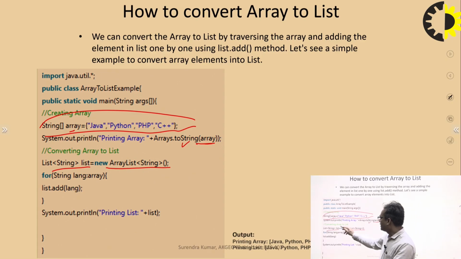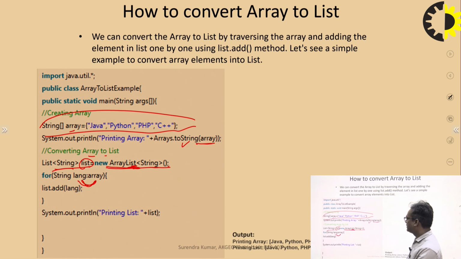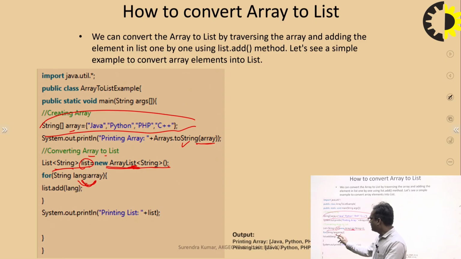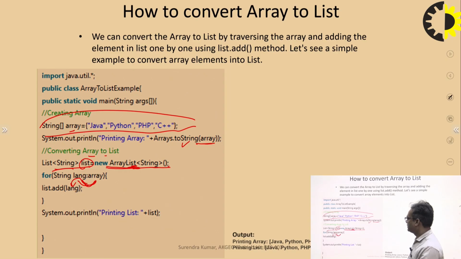But if you are converting array to list, you use the List interface. This is the object, new ArrayList of String, empty. Here you are assigning lang to the array. This array is now added with the add method, so it will give you the complete list in the form of a list.